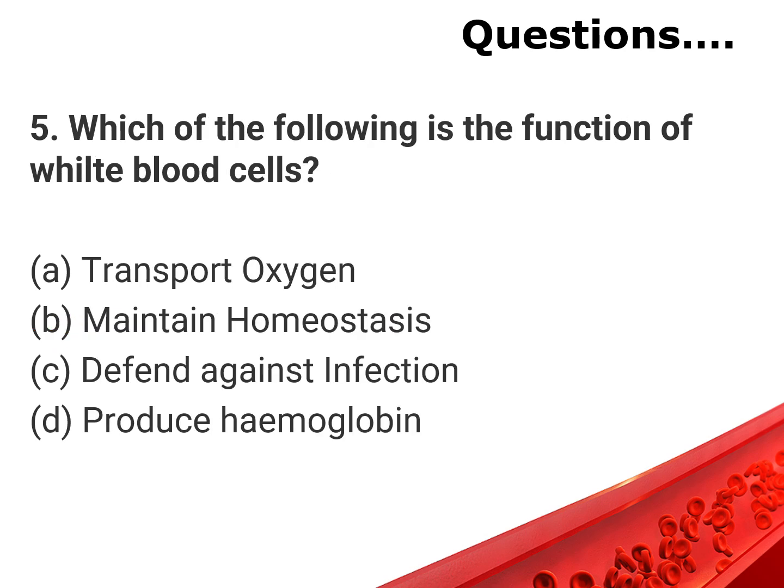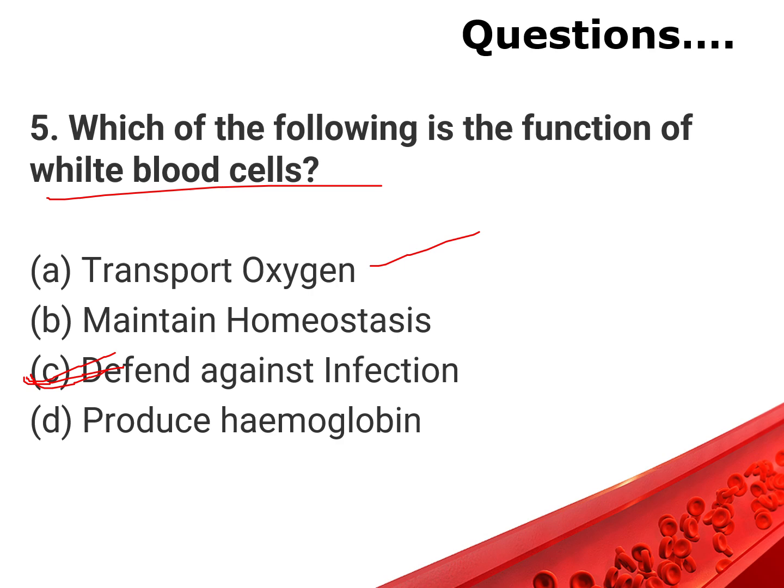Next question, very easy. Which of the following is a function of white blood cells? Transporting oxygen, maintaining hemostasis, defending against infection, and producing hemoglobin. So the right answer will be defend against infection.